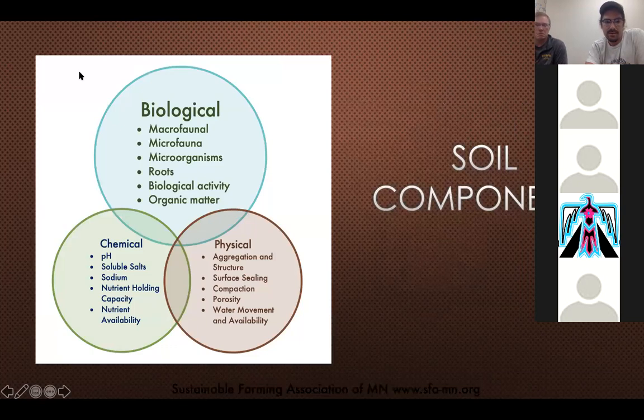So the three components, another recap: biological, chemical, physical. I won't go too deep into it because Dusty just went over it. But just to show the biological, we're learning more and more that it is perhaps the most important of the three.